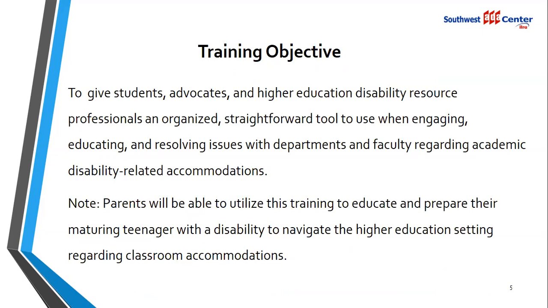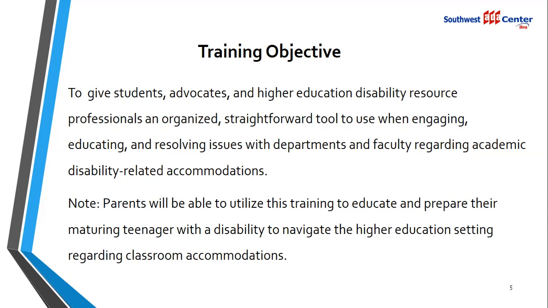So our training objective today, it's going to sound a little familiar because it mirrors that of Conversations with Faculty. But today I'm going to give students, advocates, and higher education disability resource professionals an organized, straightforward tool to use when, again, engaging, educating, or resolving issues with departments and faculty regarding academic disability-related accommodations.